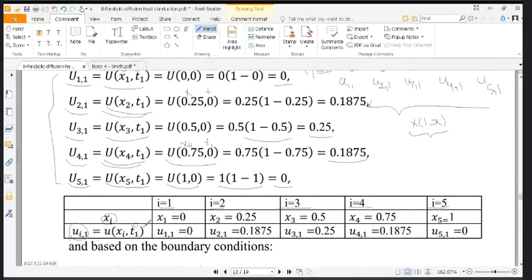Based on the above computation, we have u1,1 is 0, u2,1 is 0.1875, u3,1 is 0.25, and also the other values of u for i equal to 4 and 5.